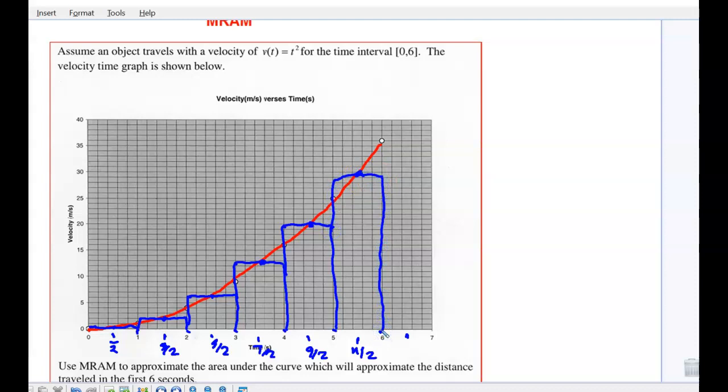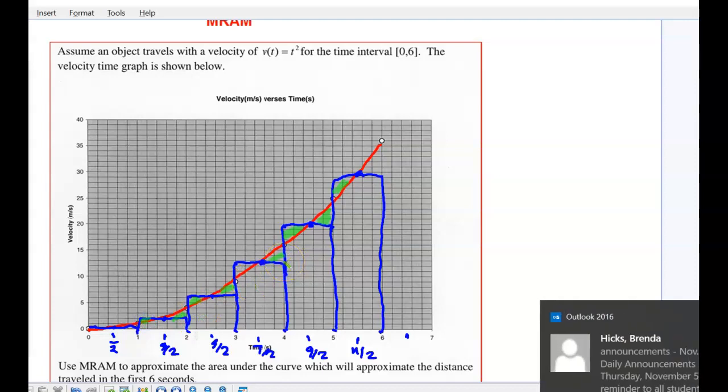So you can see now, these rectangles are a little bit more accurate for the total distance because I'm missing some area, but I'm also going above, and these areas are very close to each other. So what I go over by in one, I miss in the other one. So it kind of gets to be more realistic to the actual distance traveled.